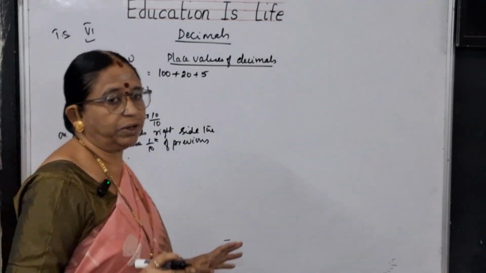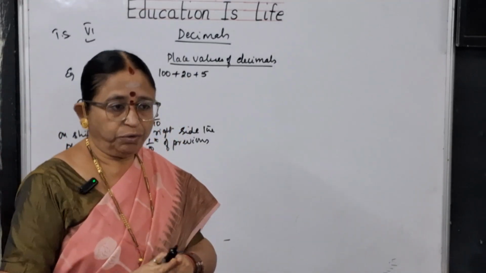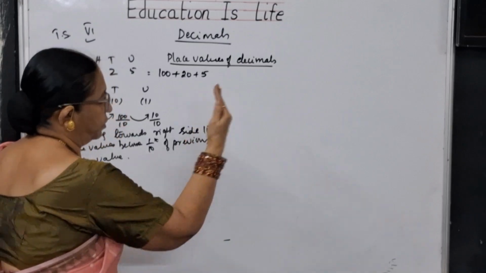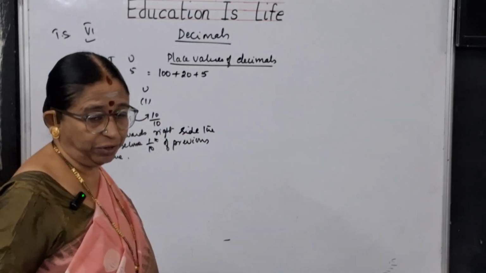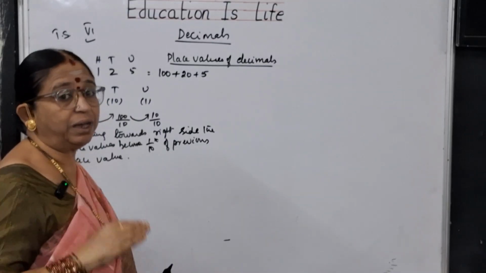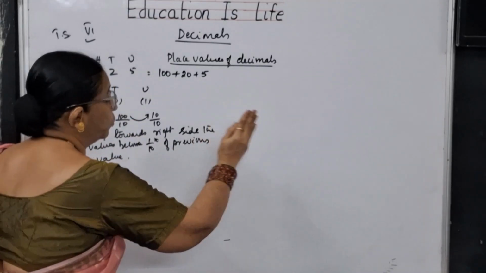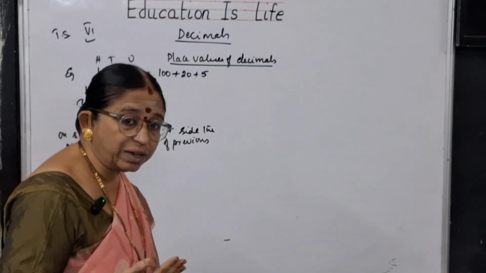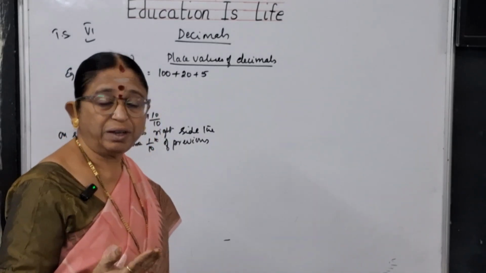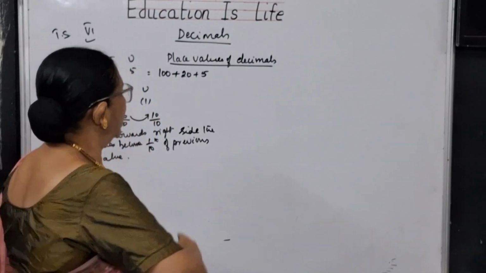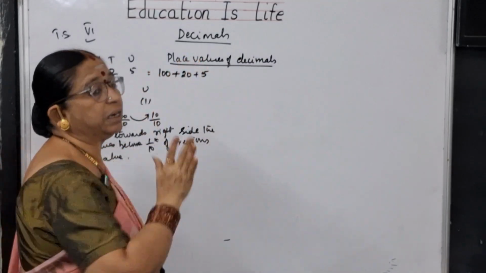Usually whenever you write a number, we go right to left: units, tens, hundreds, thousands. But now specifically I am talking about left to right. Why? Because we are talking about decimals. All the decimals will be to the right side of the integral part.